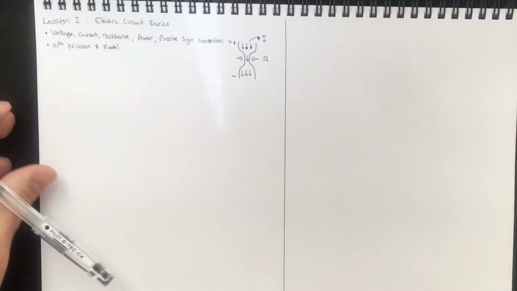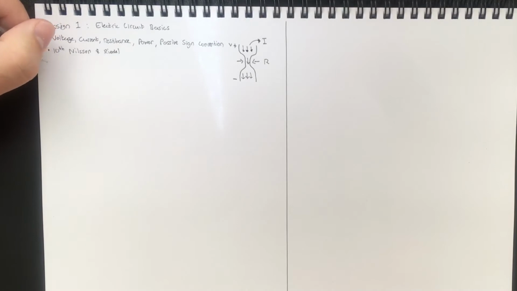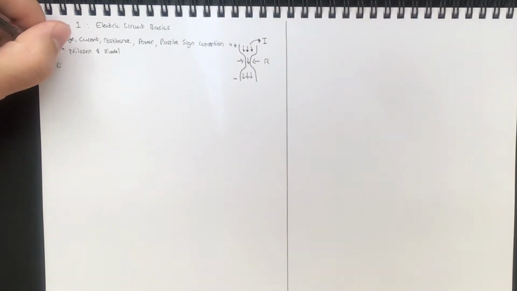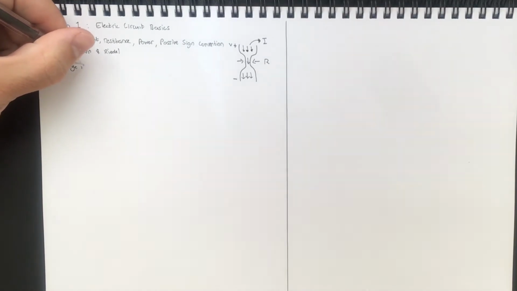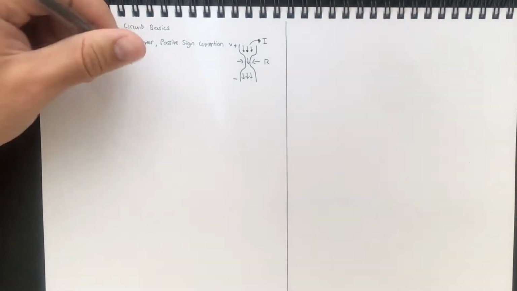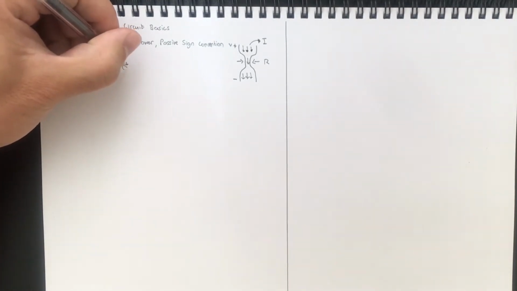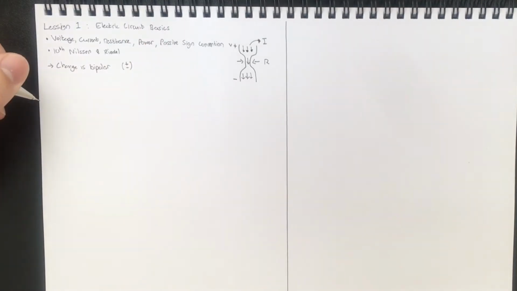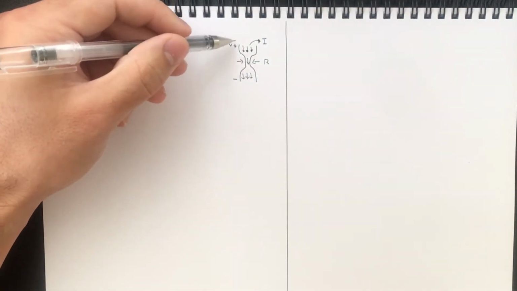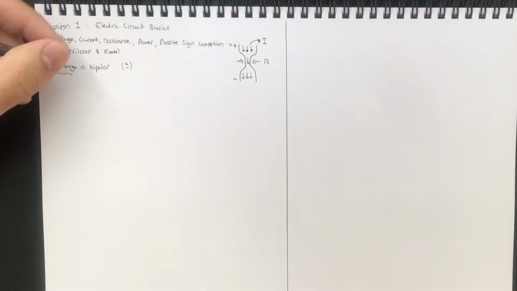There are certain fundamental concepts within electric circuitry. We define charge as being bipolar. That means that every charge has a positive and a negative side. As we can see here, voltage, positive, negative. And that all charge is discrete multiples of the electronic charge.